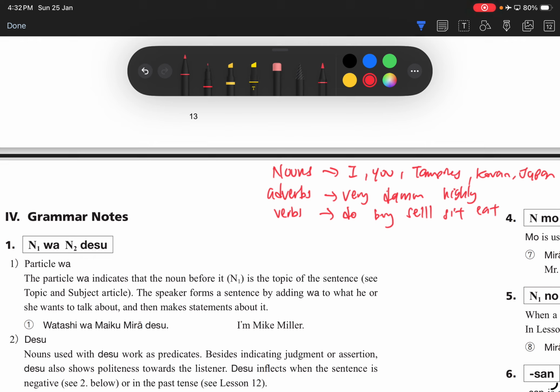Then we also have adjectives. Adjectives are words like beautiful car, fast car, expensive car, things to describe a noun. Adverbs are the intensity, to what degree the adjective is, like very beautiful. So this is just a recap of what all these are.